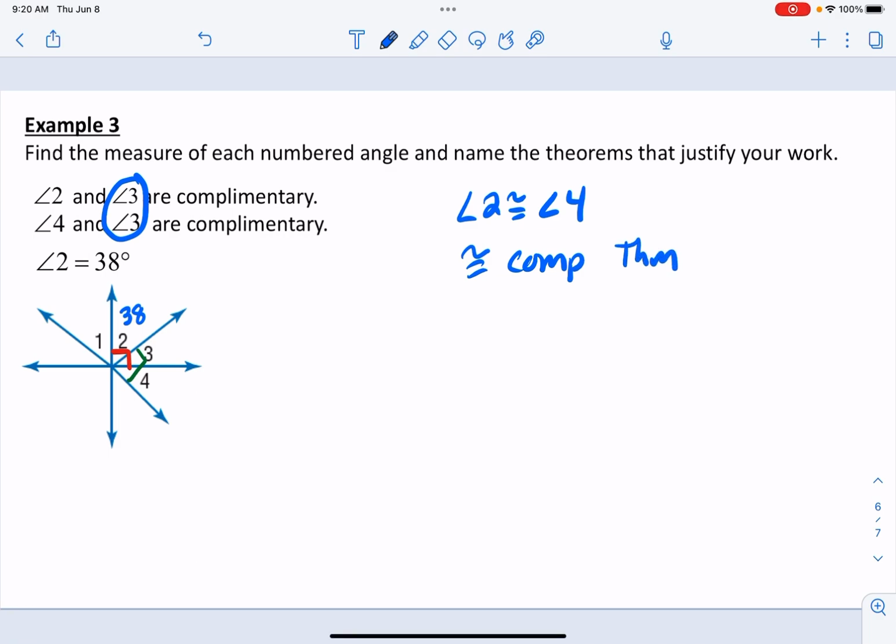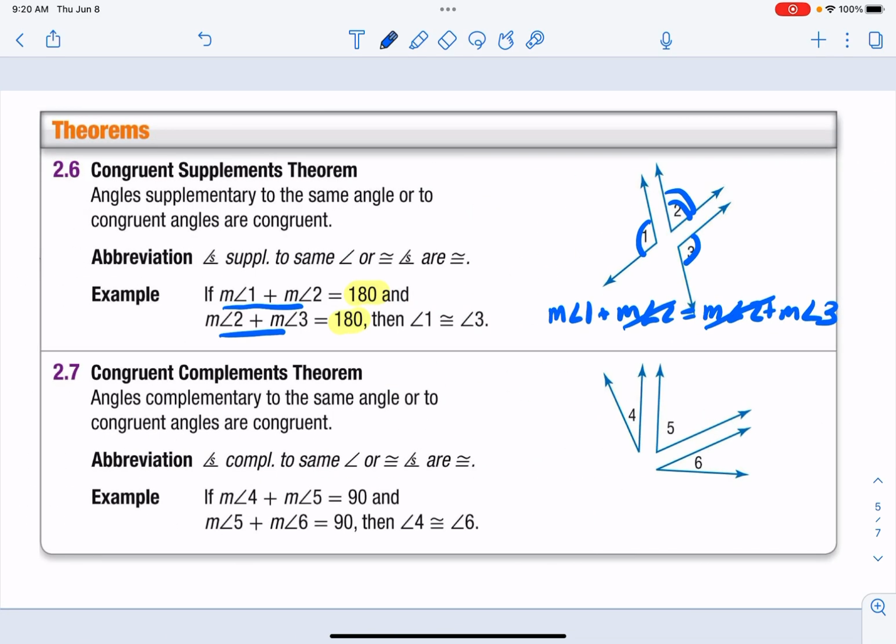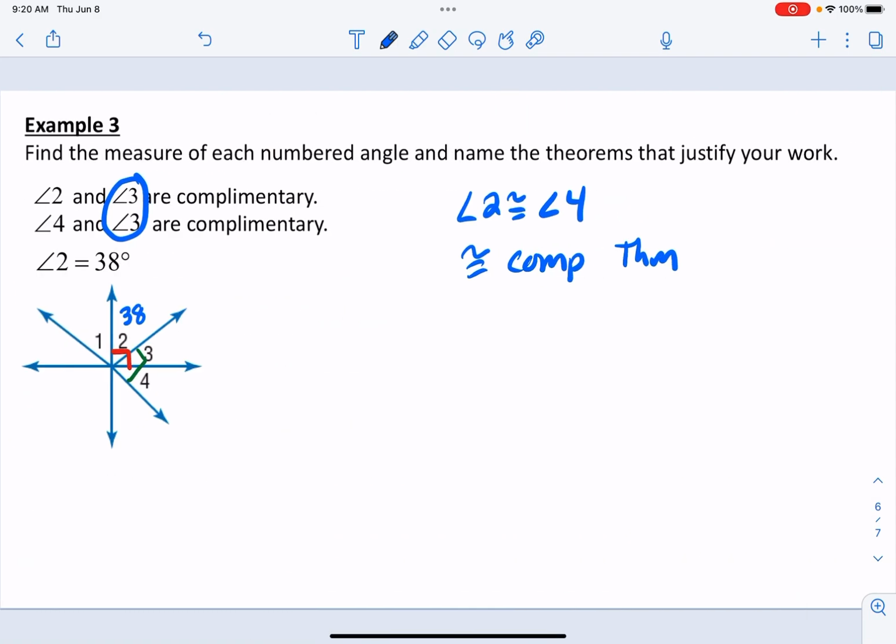Okay, let's go back to the last slide. Congruent complements theorem: angles complementary to the same angle. 2 and 4 are complements of the same angle. So if angle 2 equals 38 degrees, then angle 4 has to equal 38 degrees.